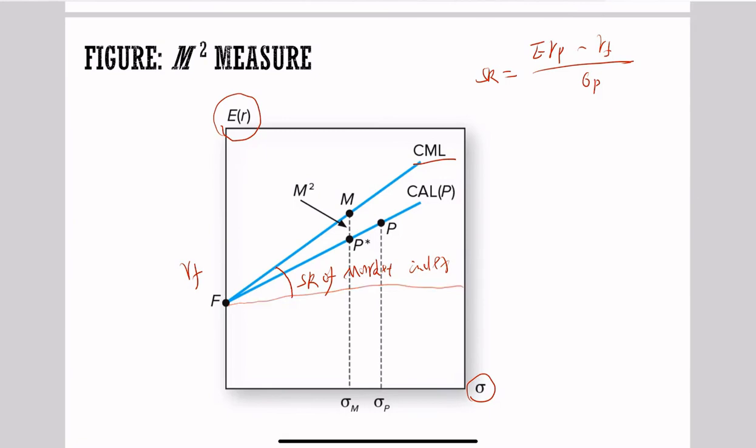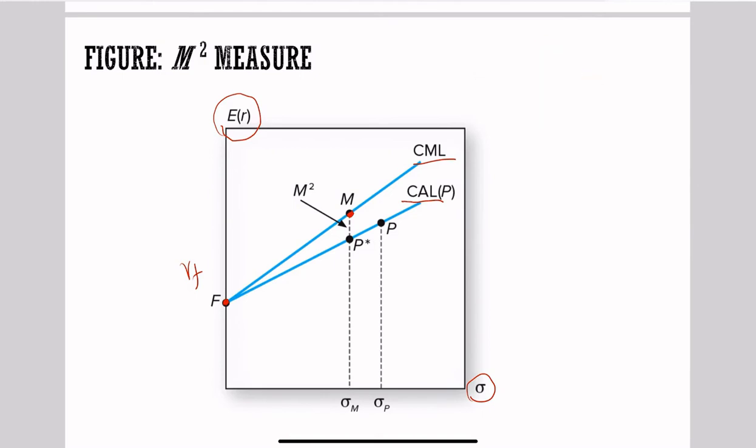Well, you are basically connecting the risk-free asset and the market portfolio. This is called the capital market line, and you learned about this in corporate finance 2. And this CAL is the capital allocation line. It is the line connecting the risk-free rate and the risky portfolio P.